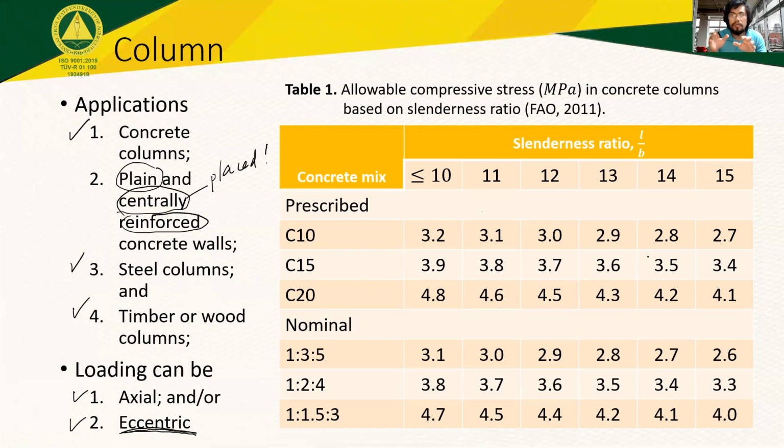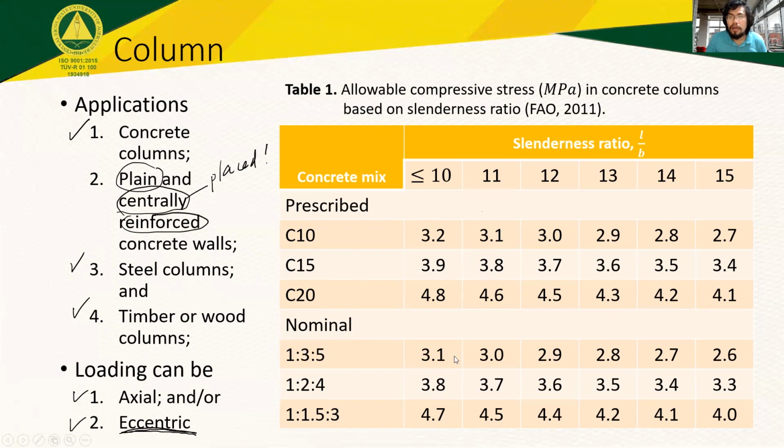That's why we have this matrix of a column of a table that's used. So we have the prescribed C10, C15, C20, and so the nominal concrete mixes for cement, sand, and gravel.